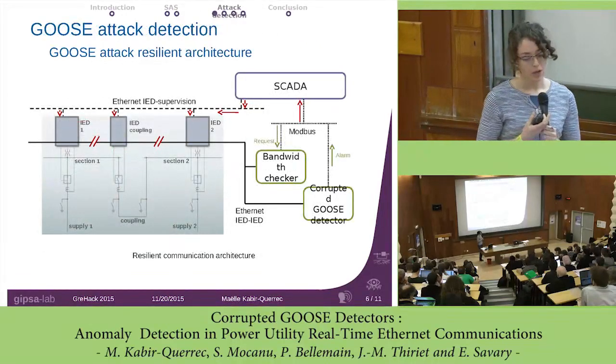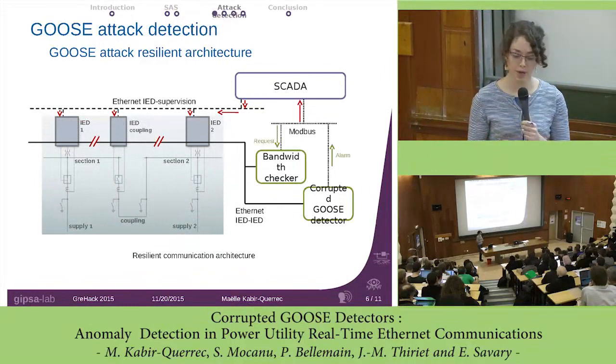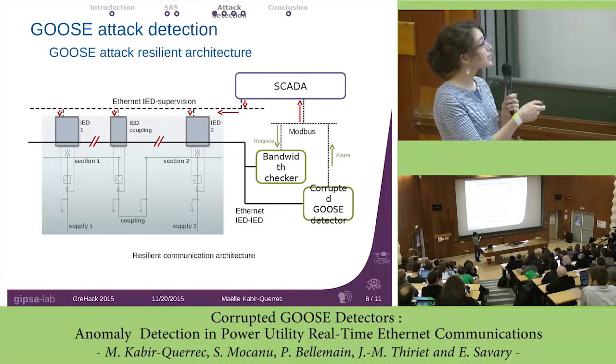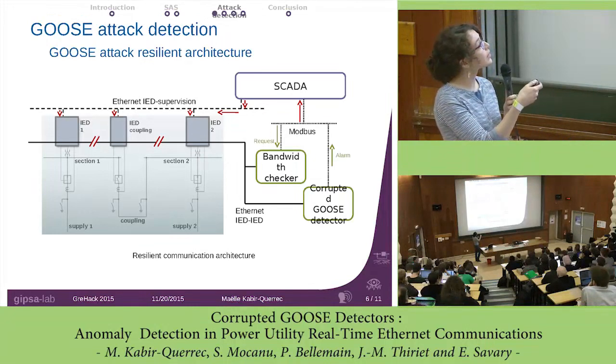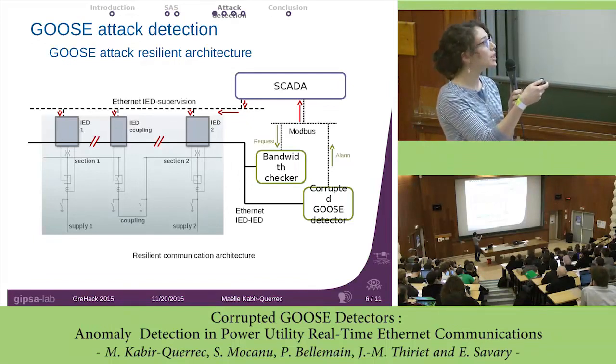Here is the communication architecture. It's basically the same as two slides back. You have your process, your ICS, that is Intelligent Electronic Devices. You have the Ethernet IED supervision link, so here is IED supervision communication.